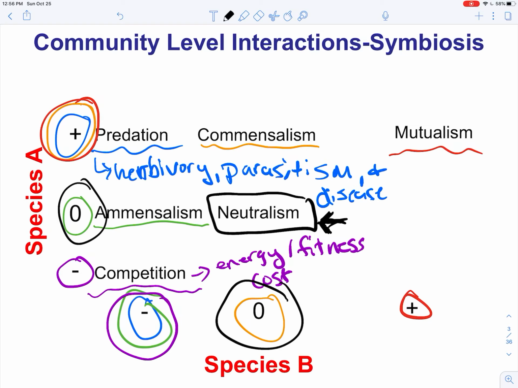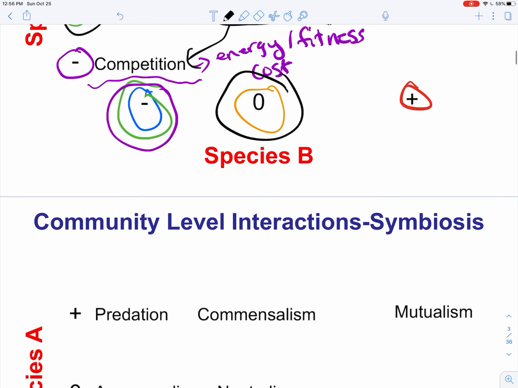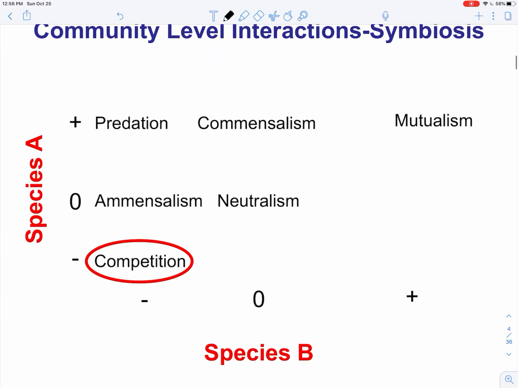So that's where I'm saying neutralism is more of a theoretical concept that allows us to understand all of these other types of symbiotic interactions. Like I said, today we're going to focus on competition. And again, we're seeing this negative interaction between species.